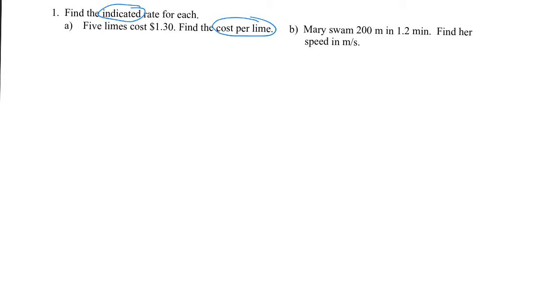If I had just left that blank and you were to come up with a rate, then you could come up with different rates for this problem. You could come up with a cost per lime, or you can come up with limes per cost, in this case, dollars.